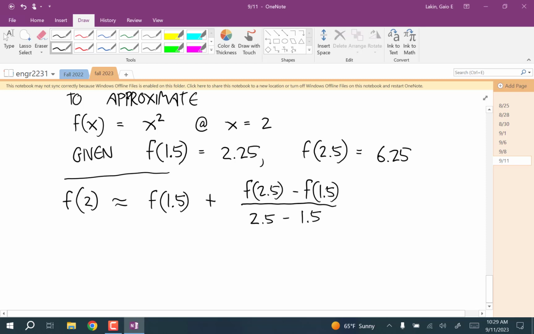And then that fraction is going to be multiplied by our x, the one we want, 2 minus 1.5.